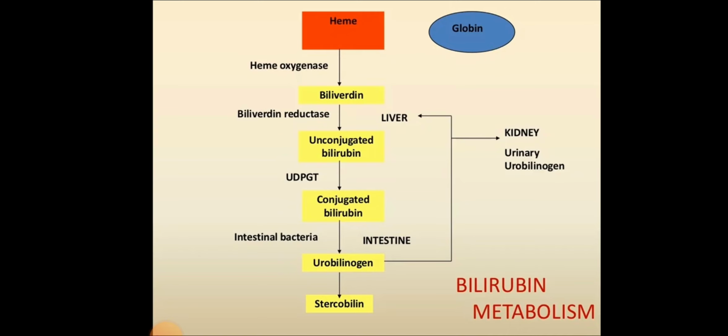So when you eat something, your gallbladder secretes the bile which has the conjugated bilirubin in it, and it moves through the common bile duct to the duodenum, the small intestine, where it is acted upon by intestinal microbes and converted into urobilinogen and stercobilinogen.